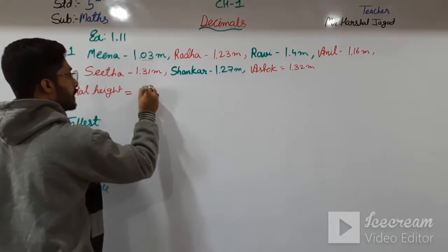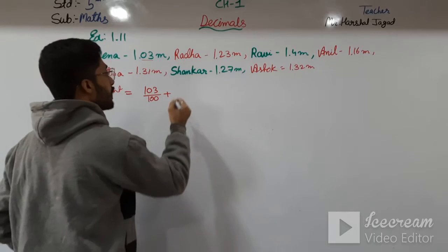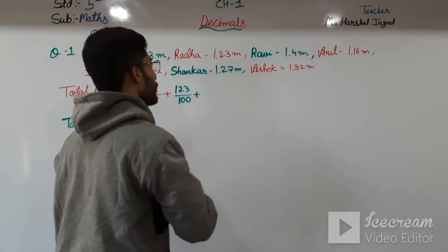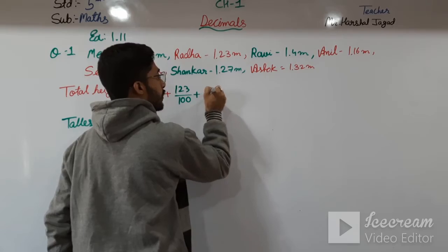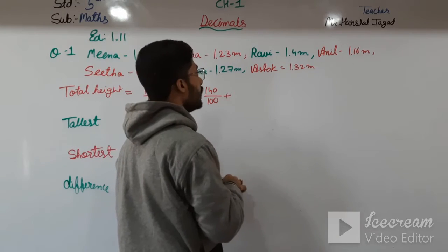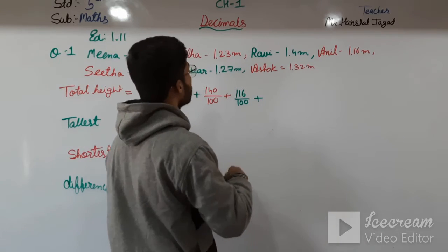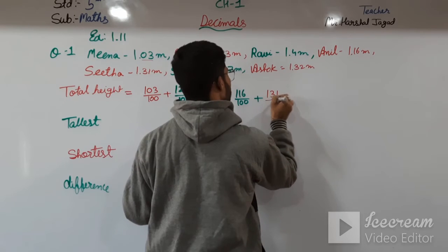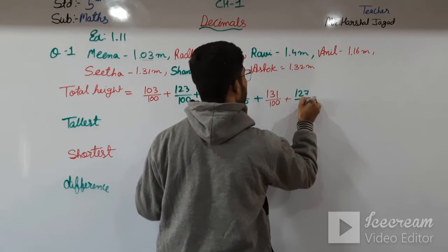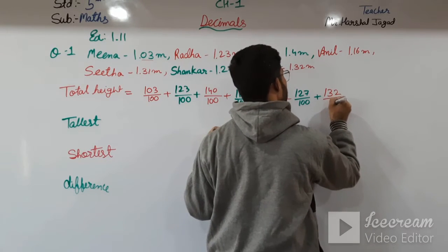So what I do, that is 103 upon 100 plus 123 upon 100 plus 140 upon 100 plus 116 upon 100 plus 131 upon 100 plus 127 upon 100 plus 132 upon 100.